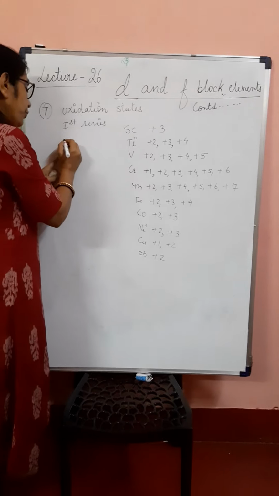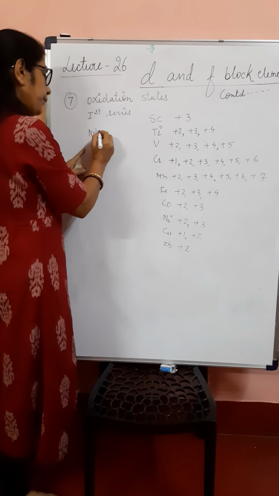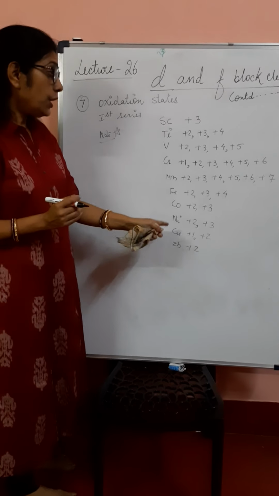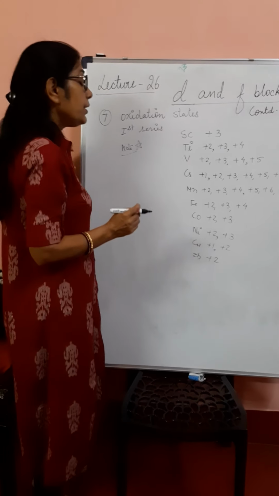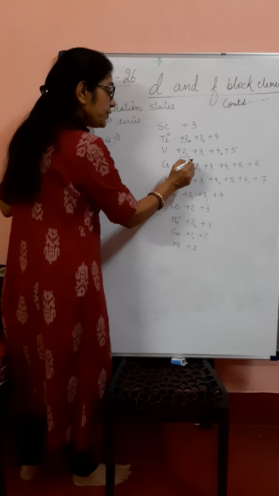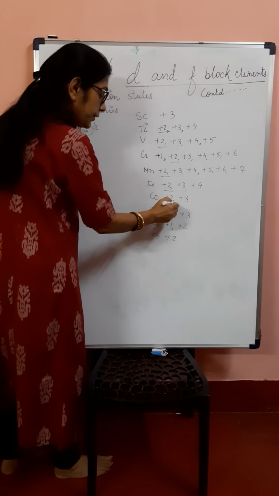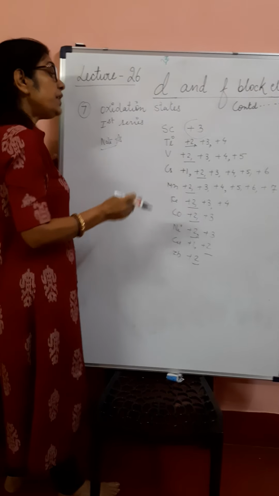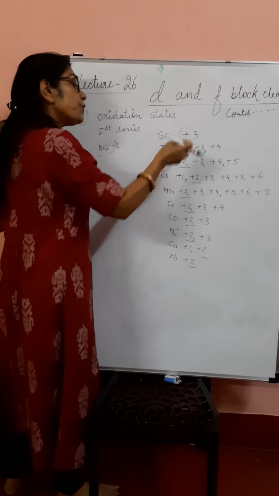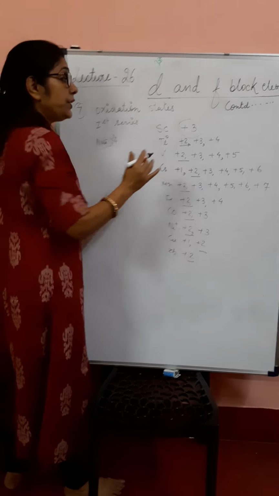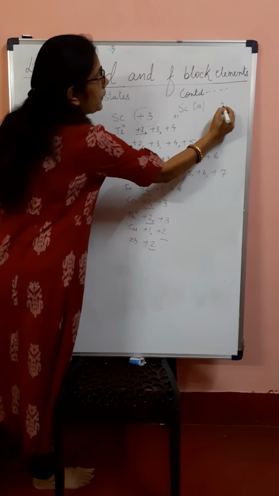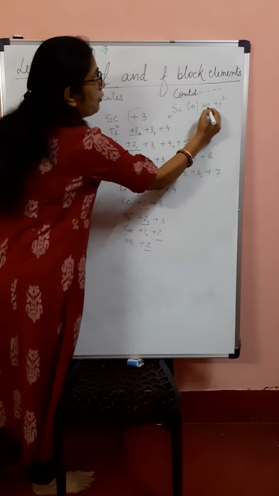Some noteworthy points. In the first transition series, you can see that the +2 oxidation state is common except for scandium. Why does scandium show only the +3 oxidation state? Scandium's configuration is argon 4s2 3d1.